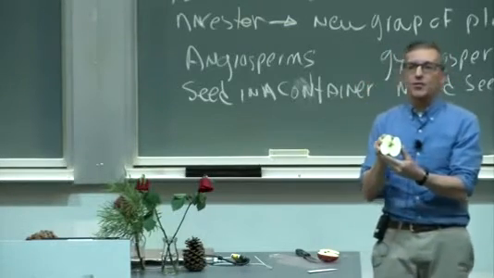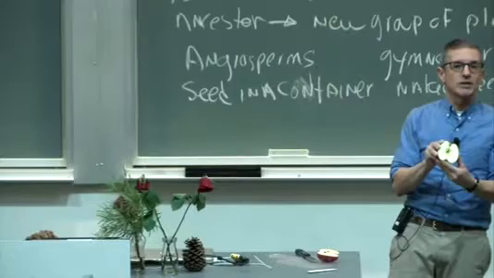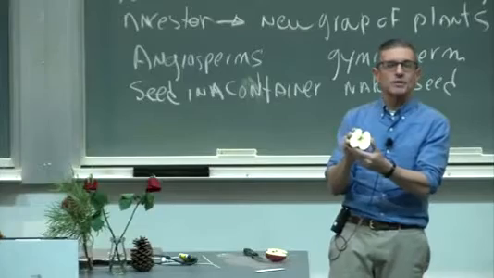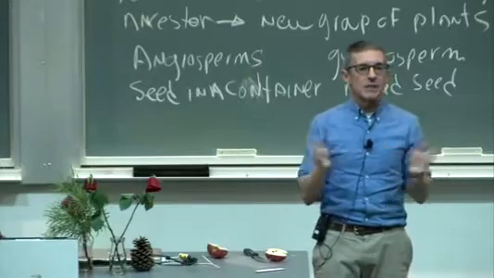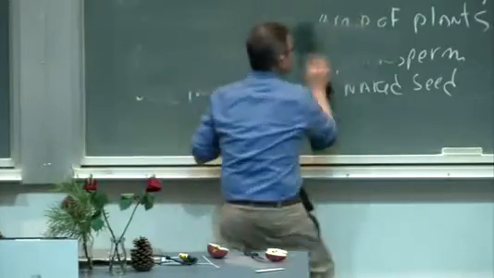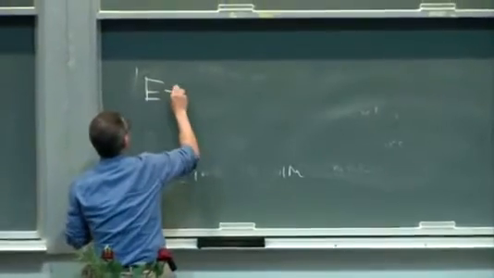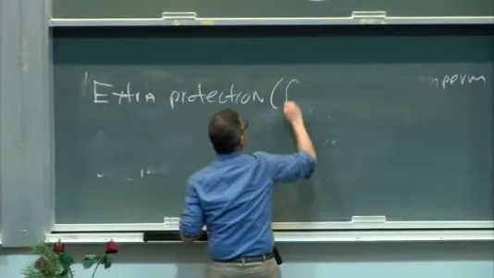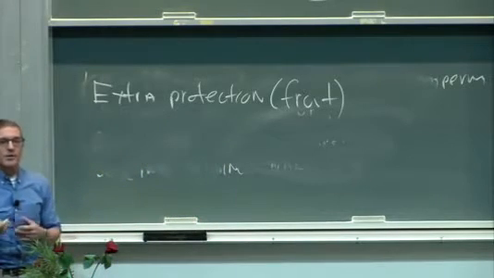So one of the secrets for the success of the angiosperms, and there are about 240,000 species of angiosperms in the world, is because they have this extra protection surrounding the seeds. The other reason for their success is something that you all know of. The angiosperms not only developed extra protection, which you know of as the fruit, but they developed at least one other obvious feature.